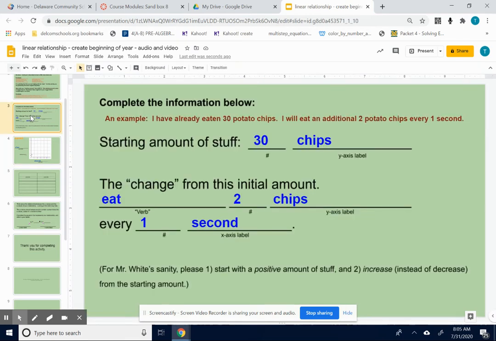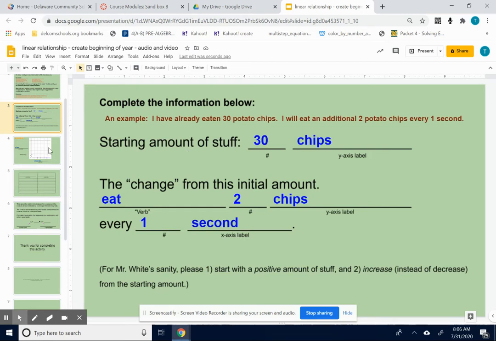My starting amount was 30 chips, so I'm going to type in 30. Then from there, I'm going to number by twos, as I'm eating 2 chips a second. So it's going to be 30, and then 32, 34, 36, 38.